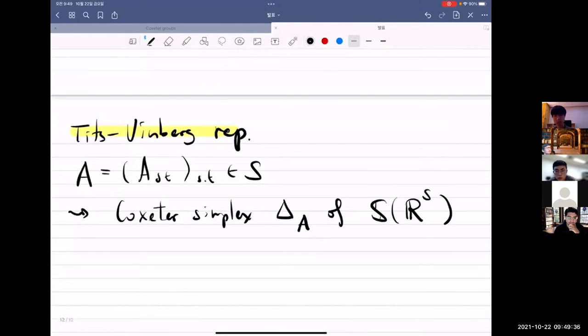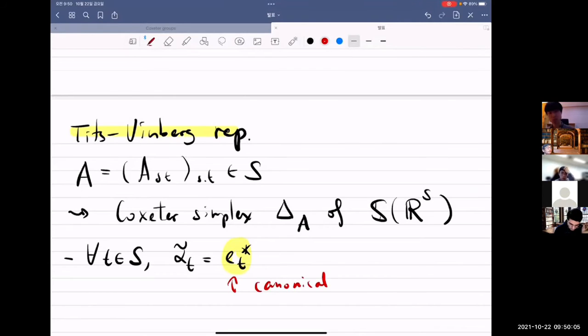So the projective sphere, and the vector space is simply R^S. So for the linear functionals, for T in S, alpha tilde T is simply the canonical dual basis of R^S.